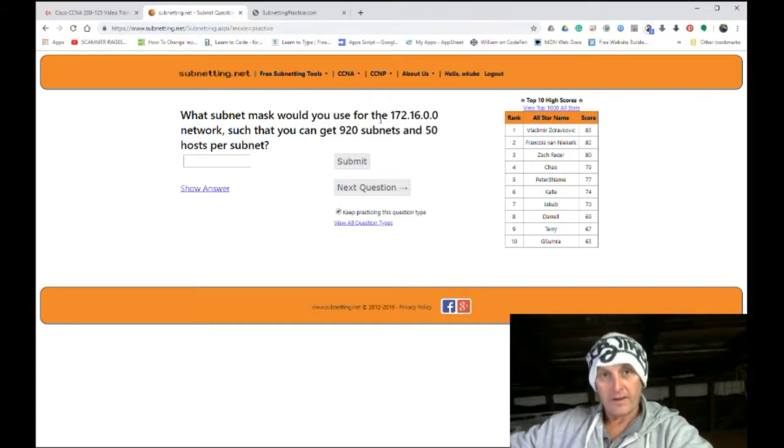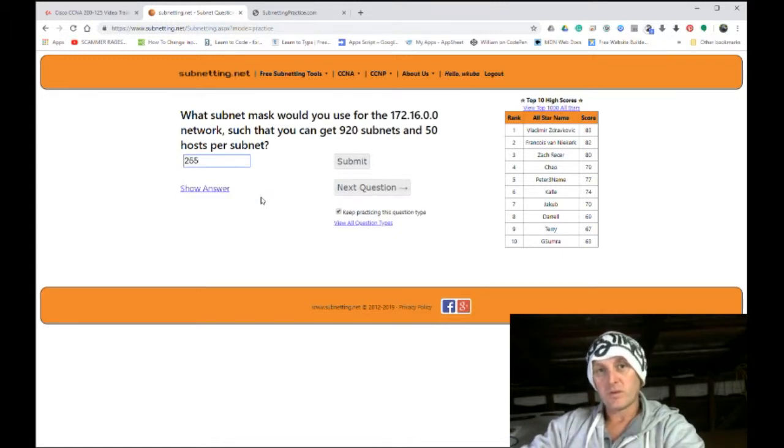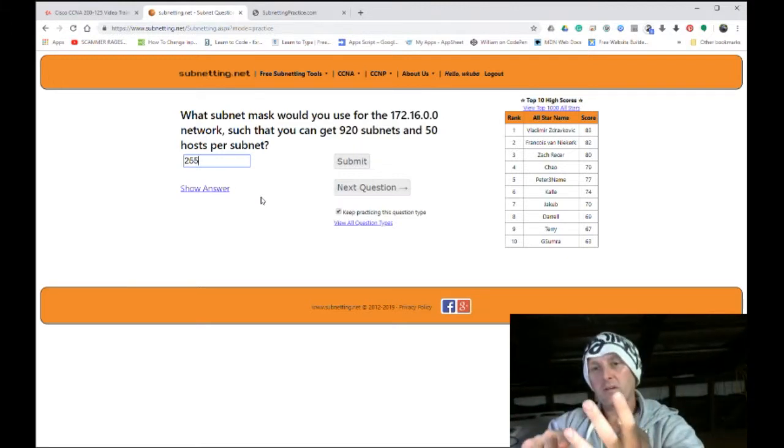And the way that you would write that, it would be 255, and as you know, there are 4 octets: 1, 2, 3, 4. When we're dealing with this particular question for 50 hosts, you know you're dealing with the 4th octet. You wouldn't be dealing with anything here because this goes past 256.